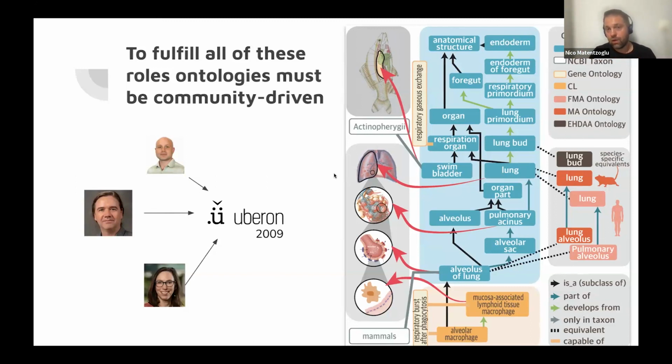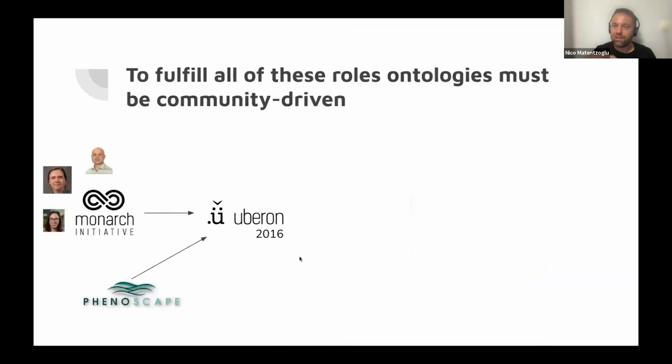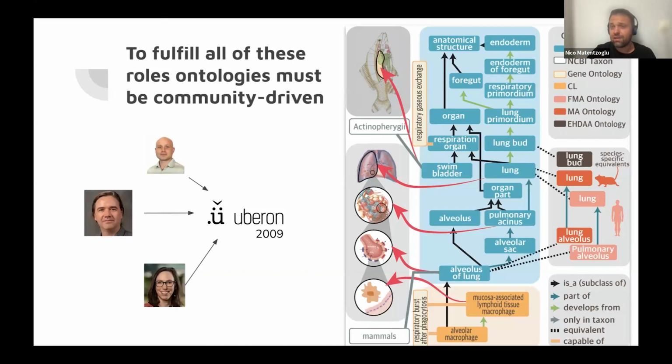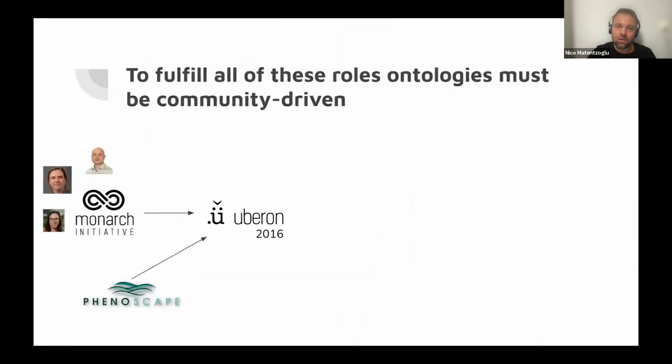The story of Uberon, the species-independent anatomy ontology that was first conceived by some people around 2009, describing anatomy and their interrelations. And after some years, and actually a lot of years, it's not a thing of 1-2 years. These are really slow growing processes.